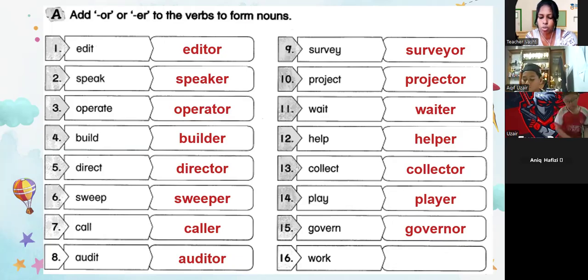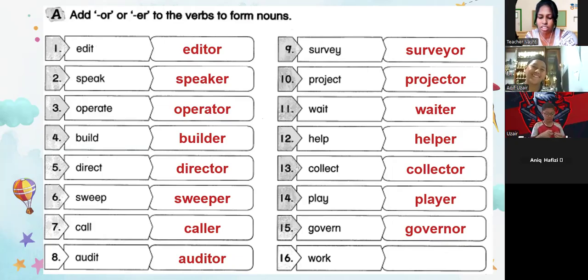Governor, in Malay also, I think it's governor too. Governor. Okay. Orang yang memerintah. Governor means the person who governs. Okay. Number 16, work. Worker. Okay, ER. All right, very good, very good.